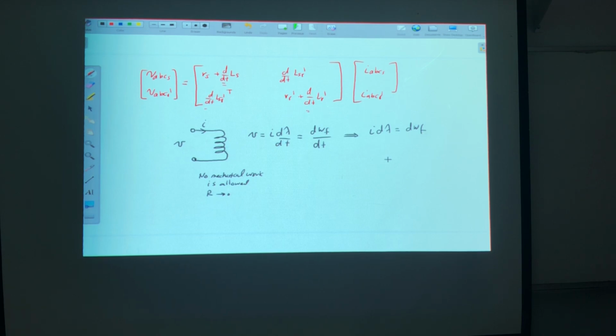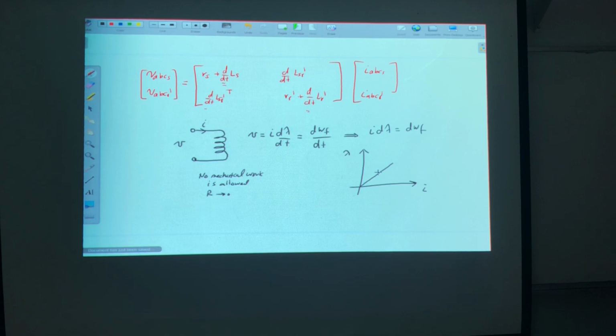Yes or no? Multiply by dt. I mean the variation. Now let's discuss the two things. If I'm having a linear magnetic circuit, then if this is the I and this is lambda, I d lambda, you know that.